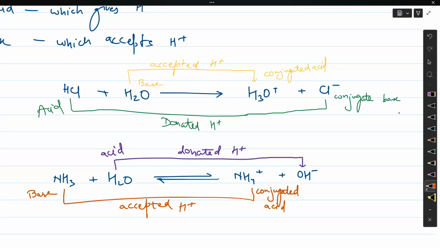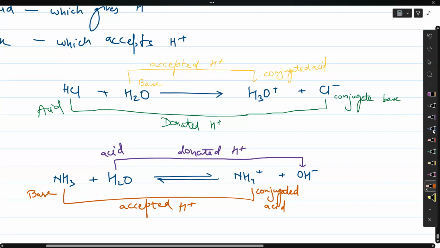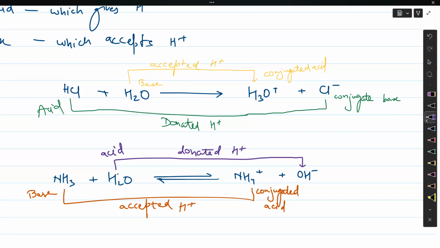If this is acid, this will be known as conjugate base. If this is a base, it will be known as conjugate acid. Okay. Sorry, because it was base, so I accidentally said base. Acha. H2O is acting as an acid here. So what will OH minus be? Conjugate base.